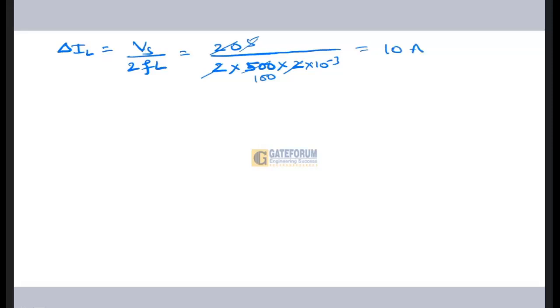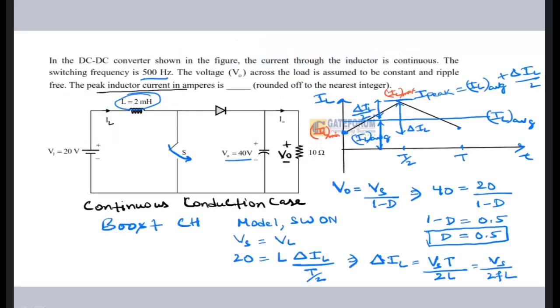Okay, and I can also calculate IL average. IL average was equal to I naught in the case of the buck chopper, but for the boost chopper it is I naught by 1 minus D. So IL average is higher in the case of the boost chopper. I naught you can calculate from V naught by R. V naught is 40 and R is 10.